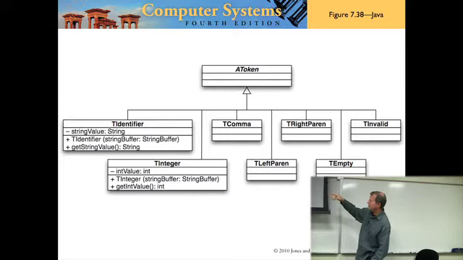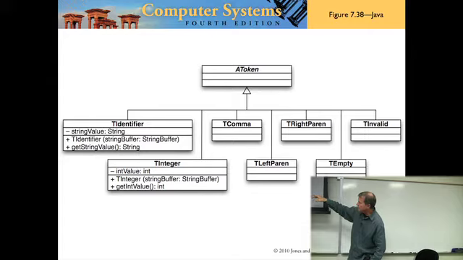Okay, so let's review this for a minute. The identifier token has a string, which is a private attribute, and a constructor to set it up. But it also has a getString value method that returns a string. The integer has a getInt value.